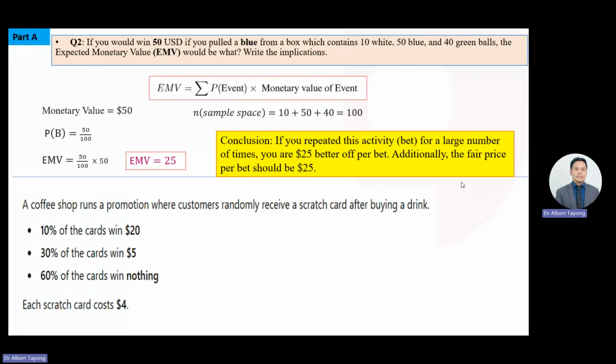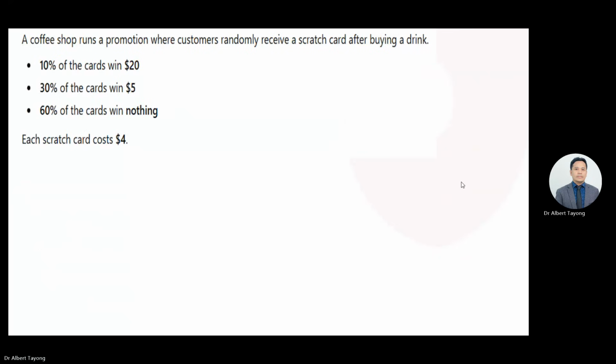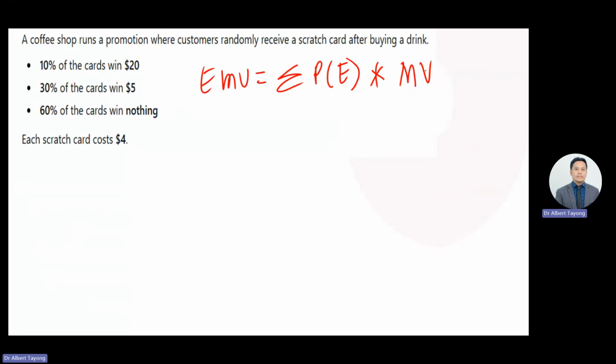Okay, let's see. So you know the formula of EMV. This is the sigma of P of an event times the monetary value. Here we have three events. The first event is this, where the probability is 10%.